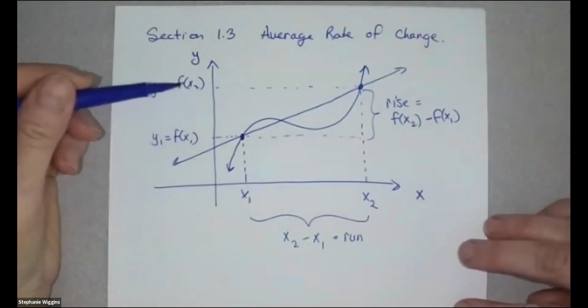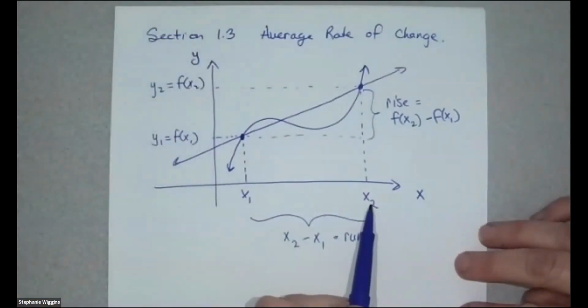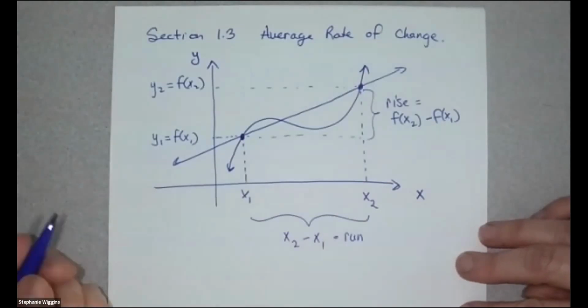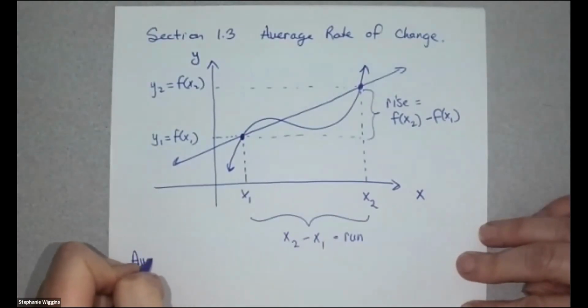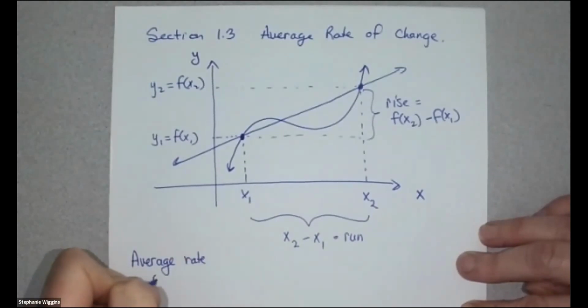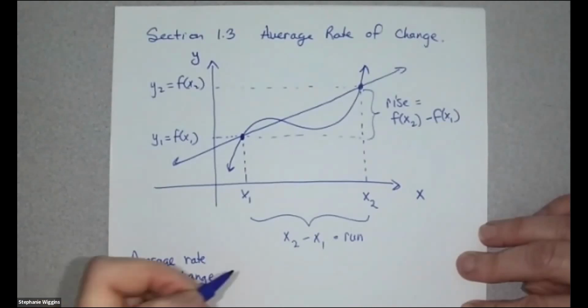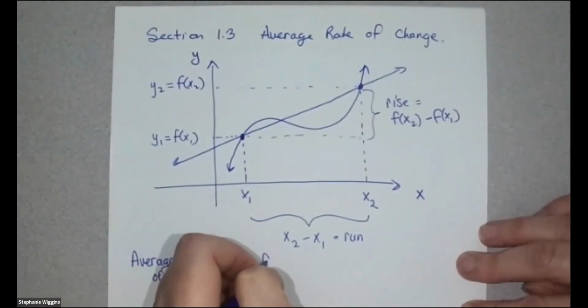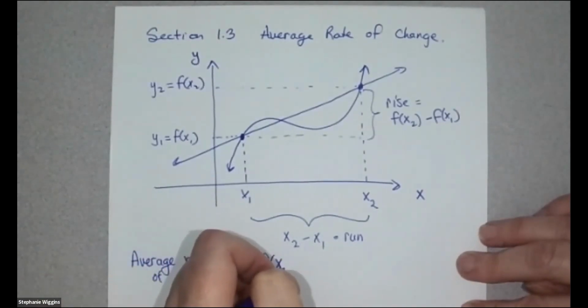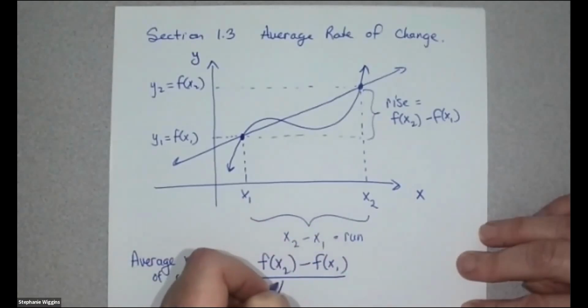So f of x2 minus f of x1 is the rise, x2 minus x1 is the run. So the average rate of change, which is the slope of that line, is equal to f of x2 minus f of x1 divided by x2 minus x1.